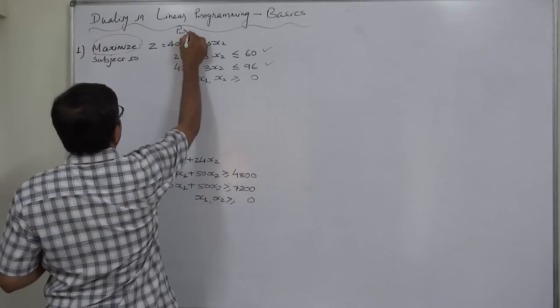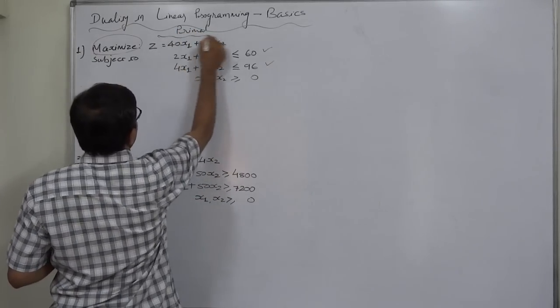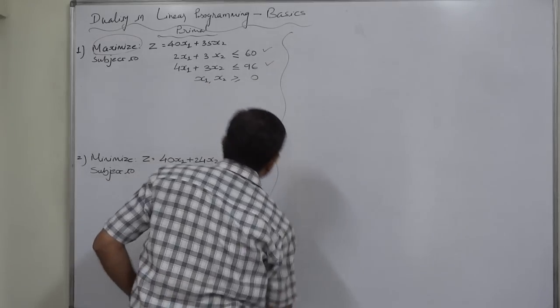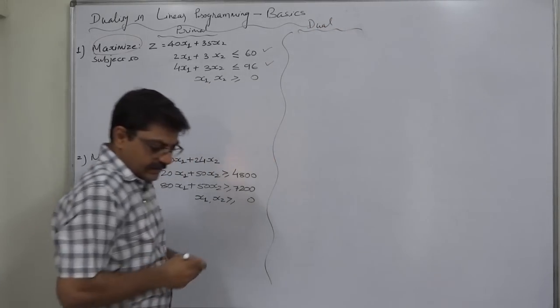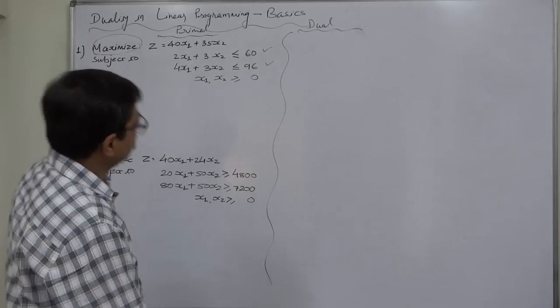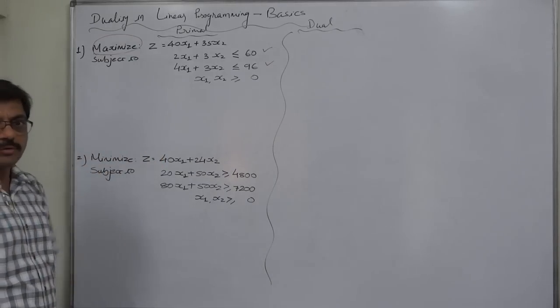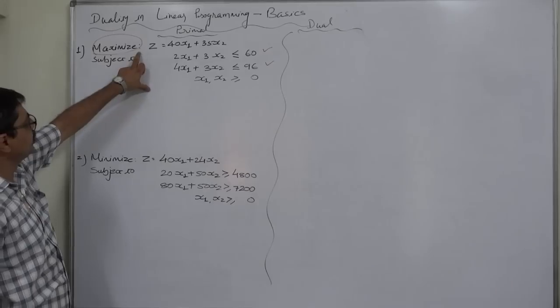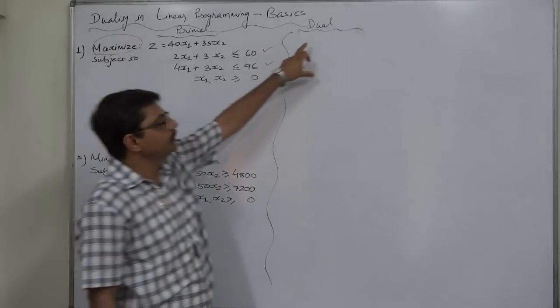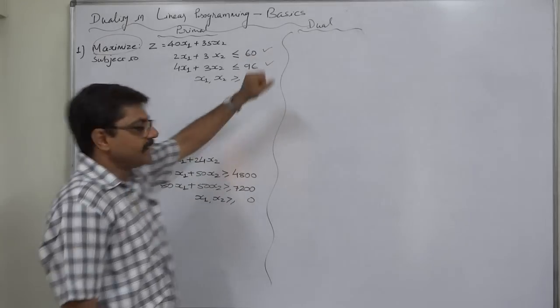Let us give the title primal, and now we are going to write its dual. Let us recap the rules, what we should do. First of all, the objective of the primal is maximization, so the objective of the dual will be minimization.